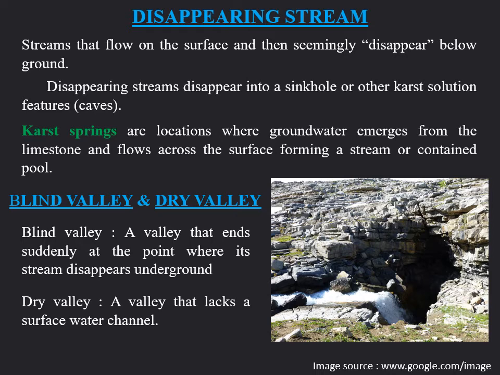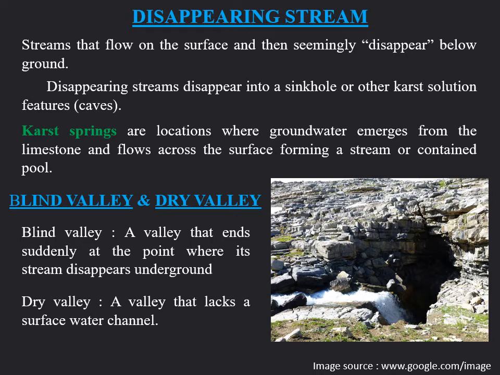Here you can see that when a stream is passing over these sinkholes, all the water goes into the sinkholes. So only those larger streams which have much more supply of water can pass this sinkhole area without completely disappearing in the sinkhole.